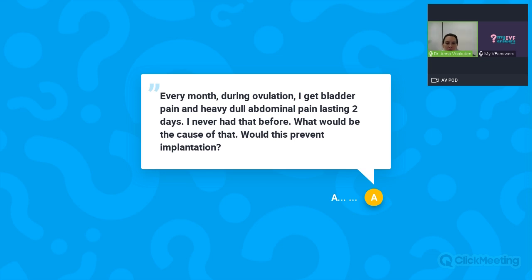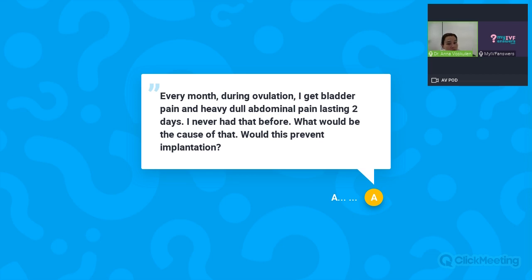But if you have heavy abdominal pain for 2 days, or bladder pain, it probably is related to ovulation, to a not normal ovulation, because our bodies are always changing. So it's probably something interesting to look at.